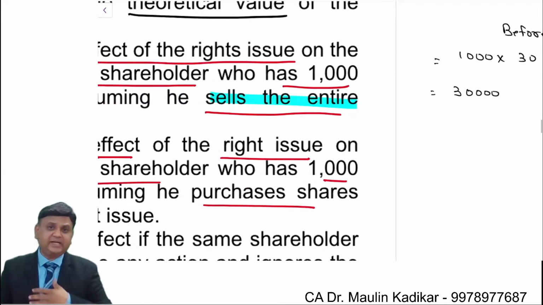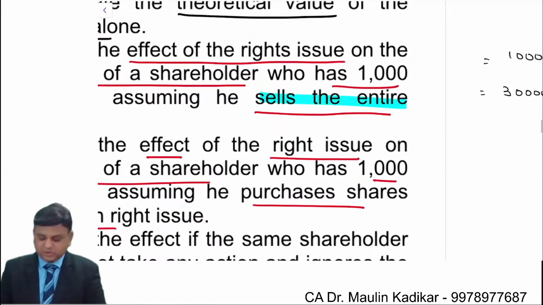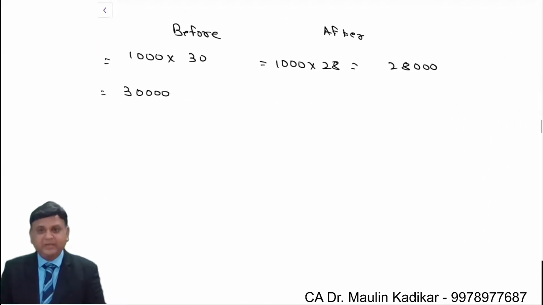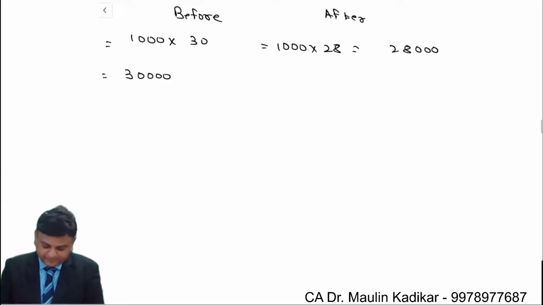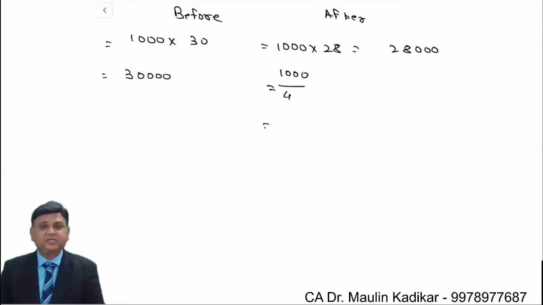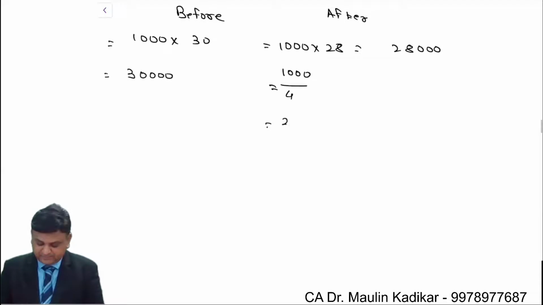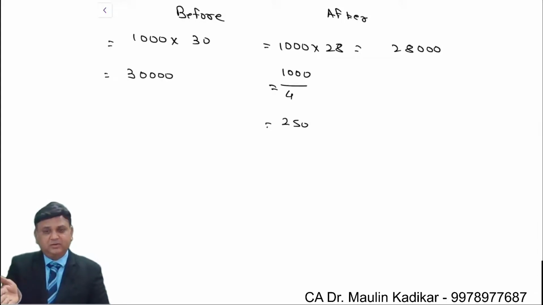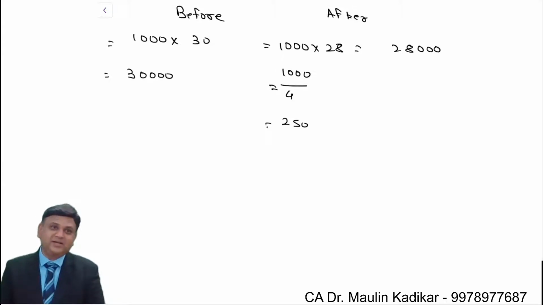Now I renounced my right in somebody's favor. So suppose I renounce my right to make application of the share to somebody, let us say to my friend. So what I will tell him is that based on my 1000 shares, I can make application for 250 shares. If I renounce my right in your favor, then you will have an advantage of purchasing the security at the rate of 20, and soon after the right issue you can sell it for 28.